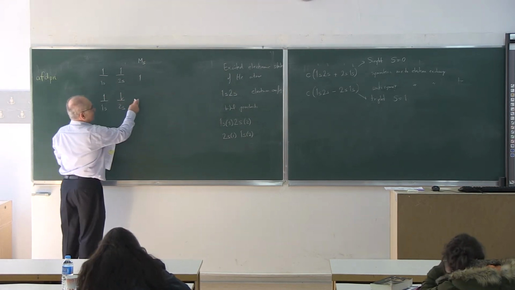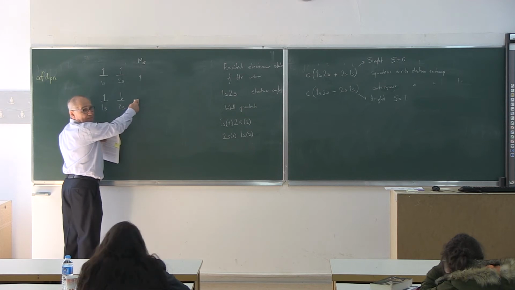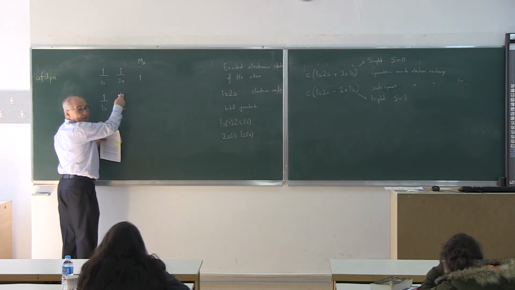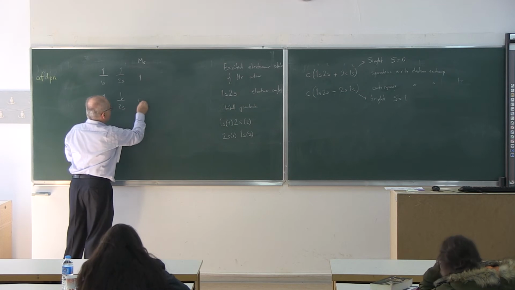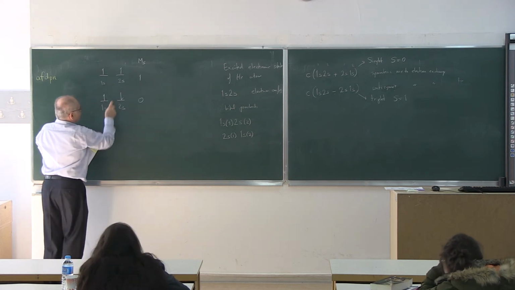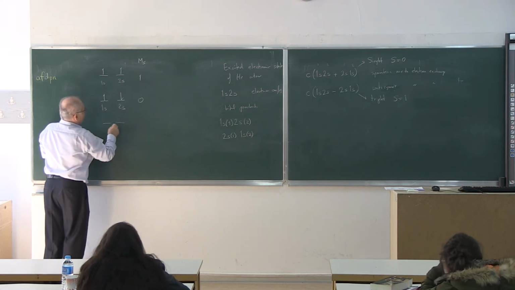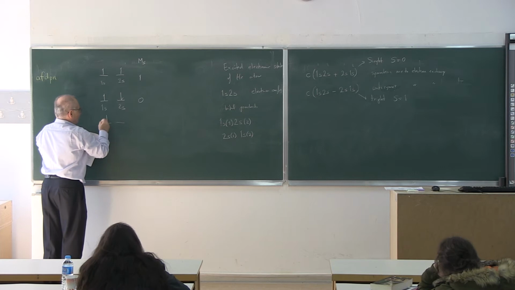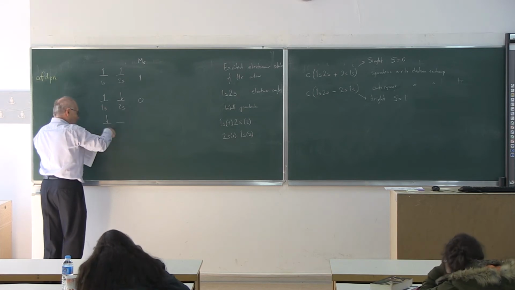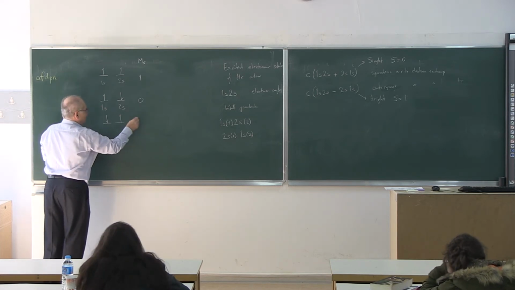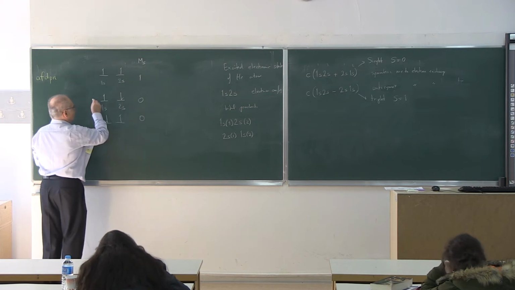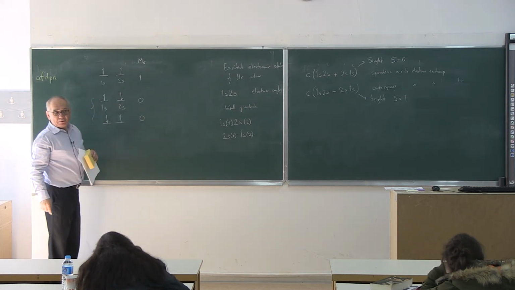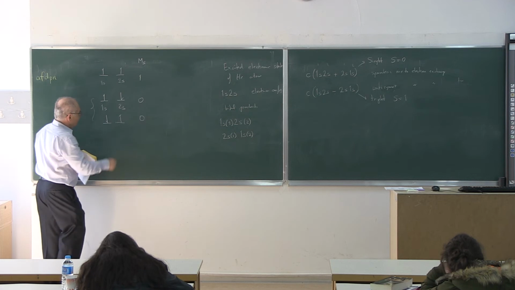What is the ms value? 1/2 plus minus 1/2, which is 0. But instead of the first electron having upspin, it is possible for the first electron to have downspin and the second electron upspin. This also has ms equals 0. There are two such diagrams.